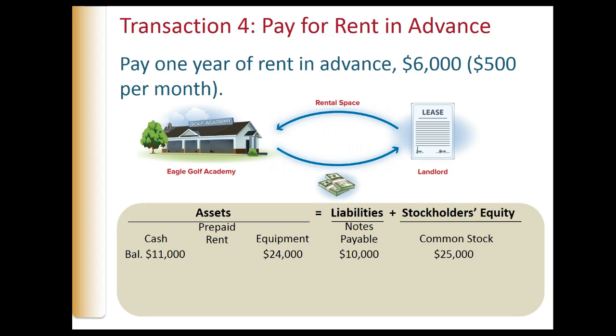Now, purchasing rent in advance causes one asset to increase and another asset to decrease, because rent paid is for occupying space in the future. We don't want to record it as an expense immediately. Instead, we're going to record it as an asset representing the right to occupy the space in the future.